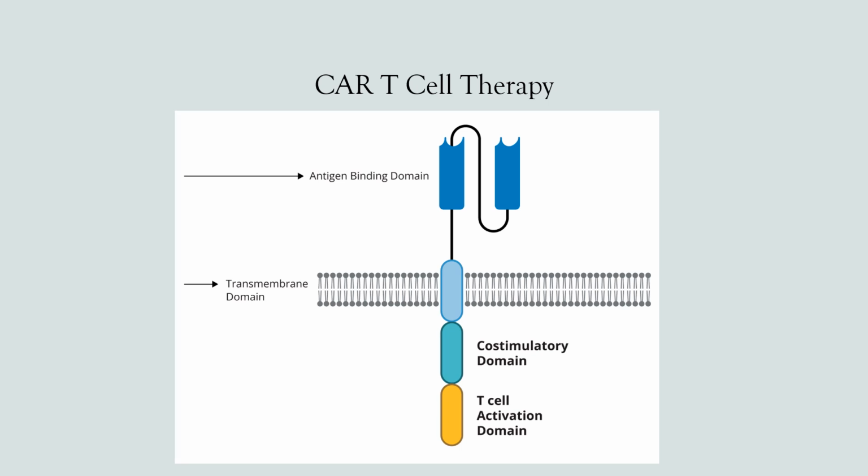It consists of the antigen binding domain, which has really been taken from, or extracted from, or grafted, if you like, from an antibody, the variable regions of the antibodies. And then you have a hinge, and then it's attached to a transmembrane domain.